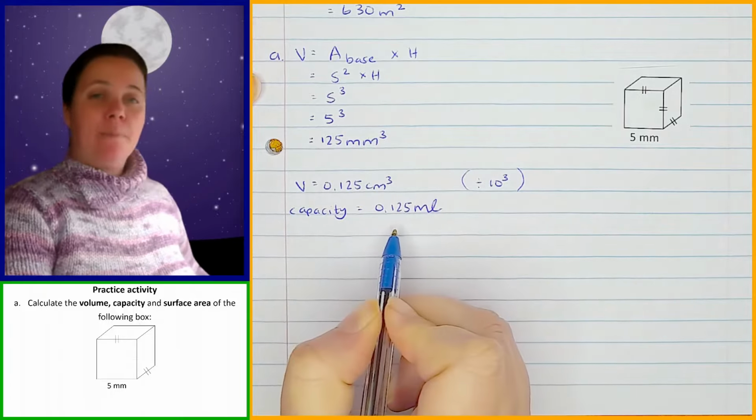So 2 times side squared. So this is going to be 4 times 2 times 8 plus 2 times 8 squared, which is 64, which gives me 192 centimeters squared.